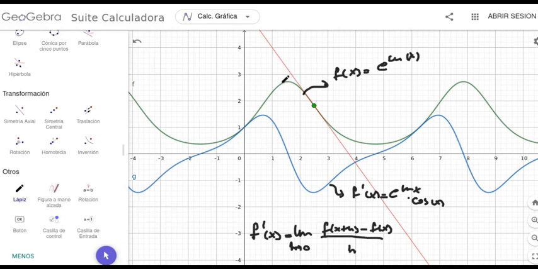So we are calculating for each point the secant line, and when we get closer to x, we get this red line.